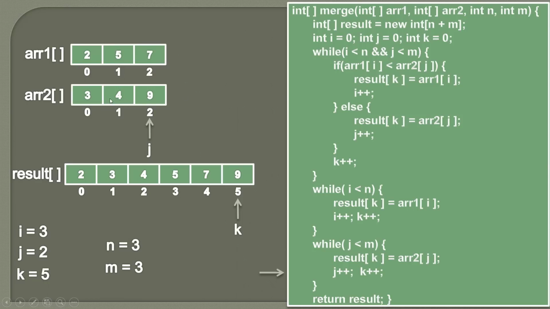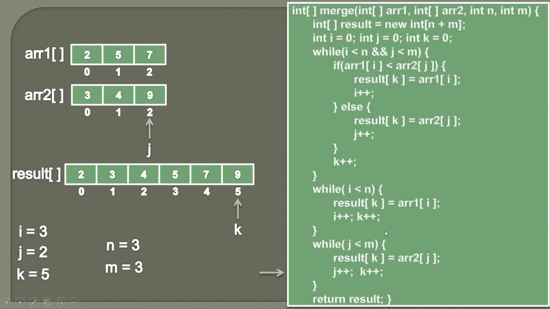And the same thing goes when array 2 gets exhausted and there are leftover elements in array 1. These two while loops are important because they copy the leftover elements from their respective arrays to the result array. There can be multiple leftover elements, so we are providing this while loop.